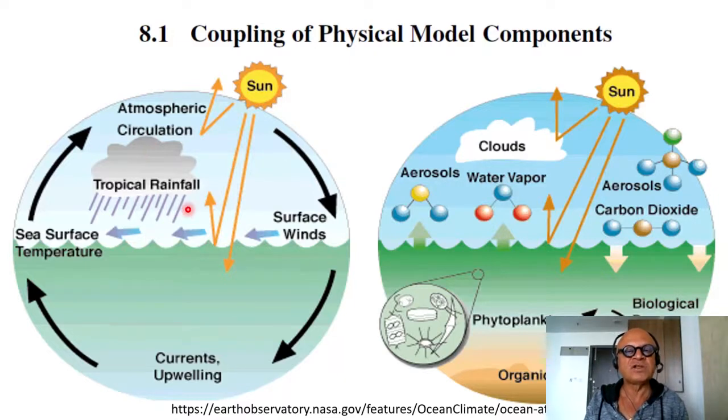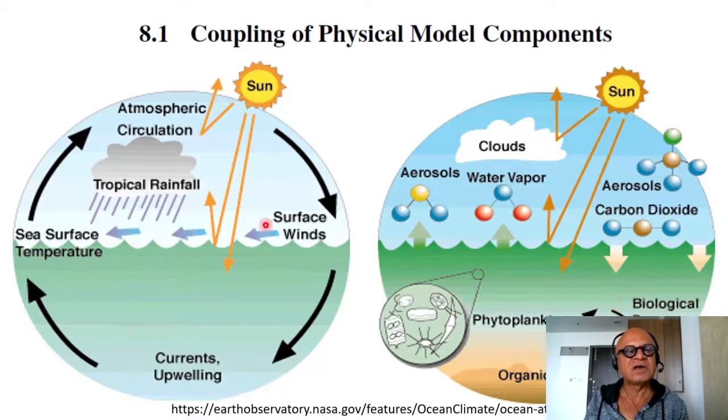Those are all physical coupling processes, but as you can imagine, the vegetation on land and in the ocean have serious impact on greenhouse gas budgets, which affects radiation balance and hence would affect climate as well.